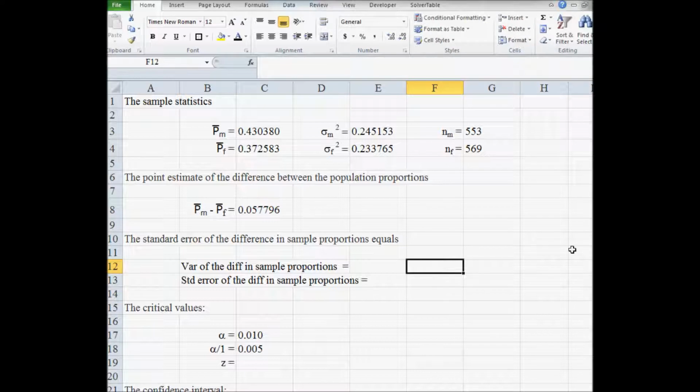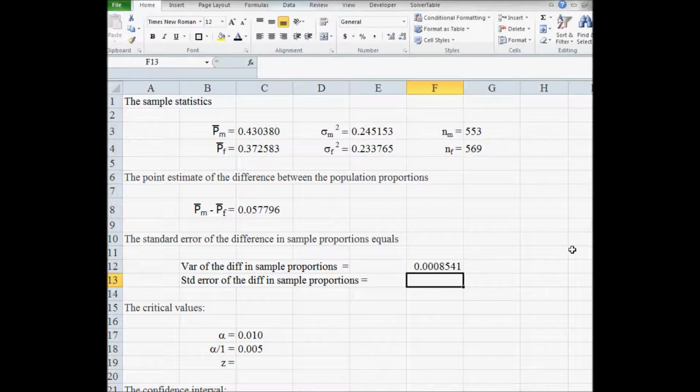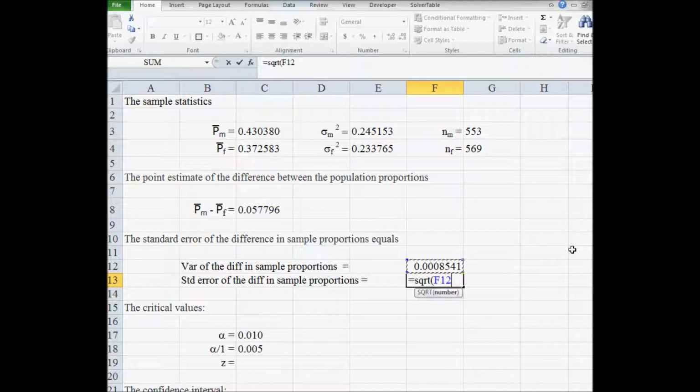So the variance of the difference in sample proportions is equal to the sigma squared for the males divided by the sample size plus that of females. The standard error is just the square root of what we just calculated.